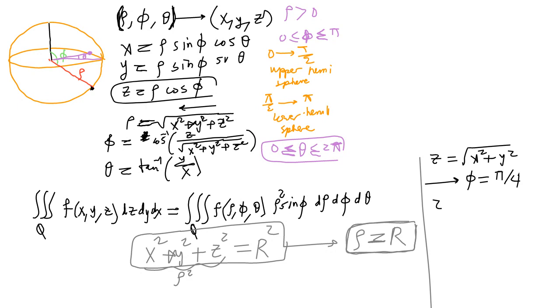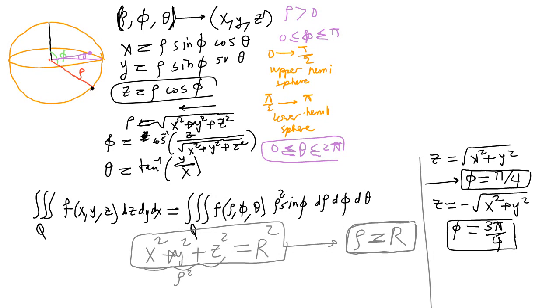And the one below is mapped into 3 pi over 4. So those surfaces are very important to deal with in spherical coordinates.